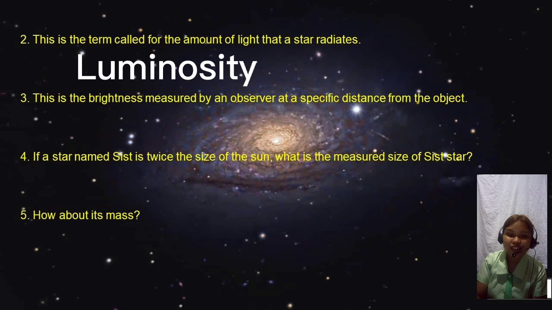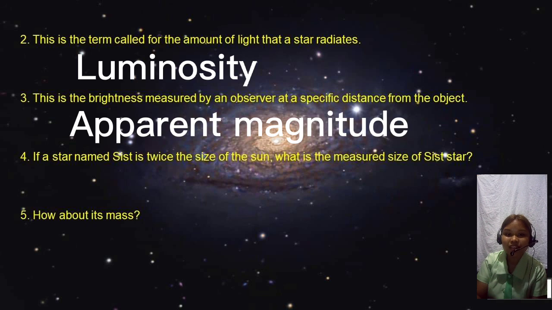The third. This is the brightness, rather, measured by an observer at a specific distance from the object. Yes, Miss Elpidang? Yes, it is apparent magnitude. Number 4.